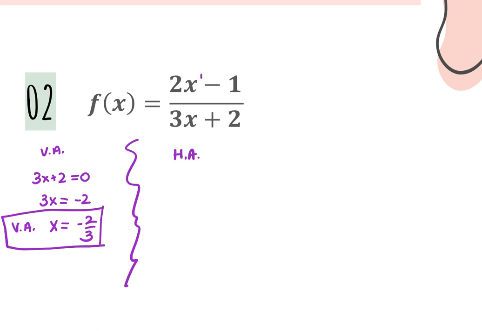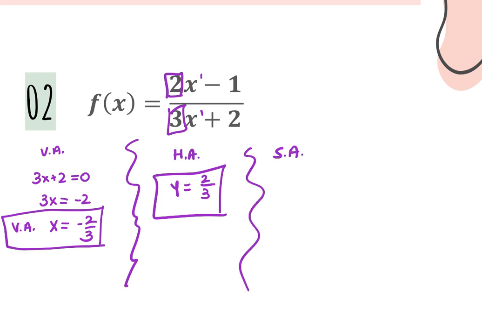What's the highest exponent in my denominator? 1. So what's true about those? They're equal, which means I do y equals the leading coefficient in my numerator, the number in front of the variable with the highest exponent. In this case, it's 2, over the leading coefficient from the denominator, which is 3. So my horizontal asymptote is y equals 2/3. And is there a slant asymptote? No. The highest exponent in the top has to be one more than the bottom.